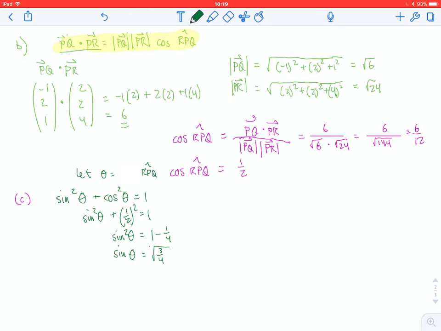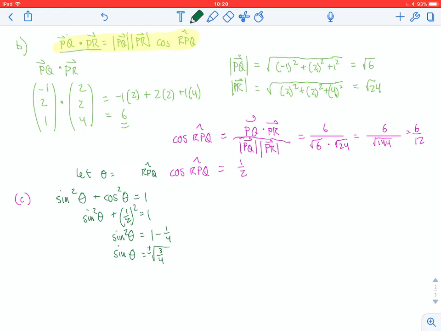Now the only thing, I'm going to put this plus or minus here because when we take the square root of both sides, we don't know if we're squaring a negative number or a positive number. So what we have to decide is whether the positive number or the negative number is relevant here. Which one actually matters for this particular problem?